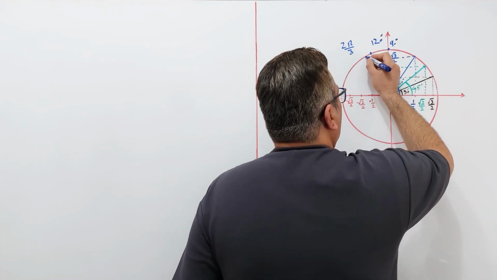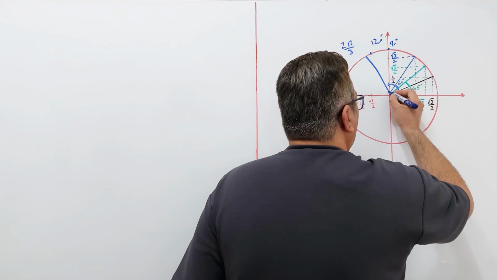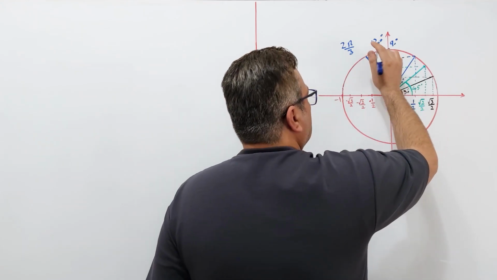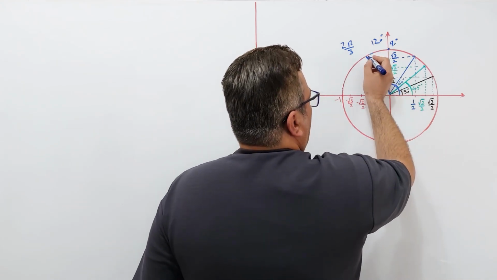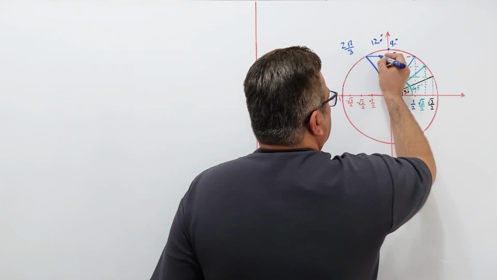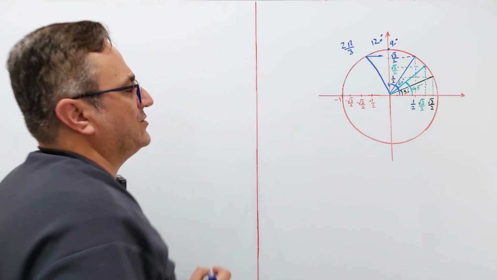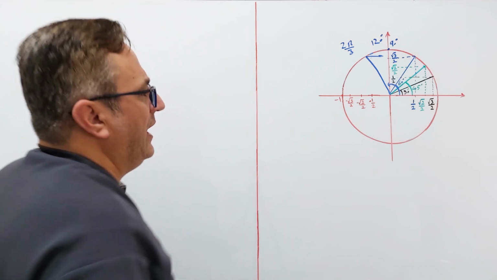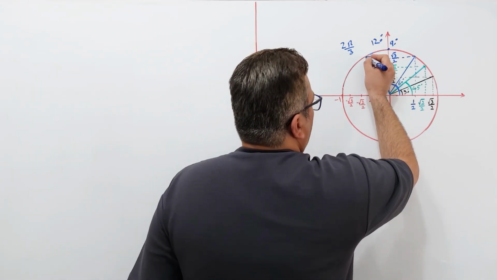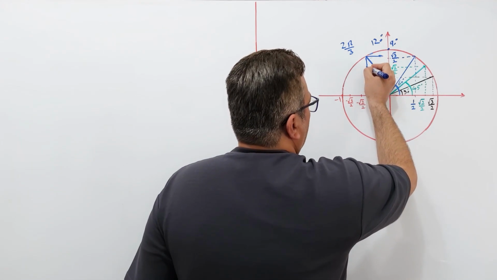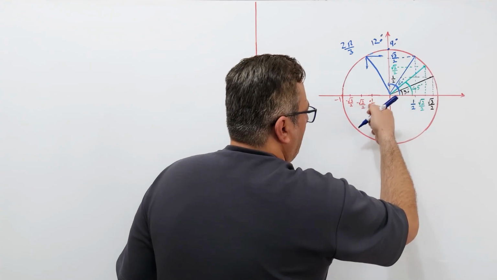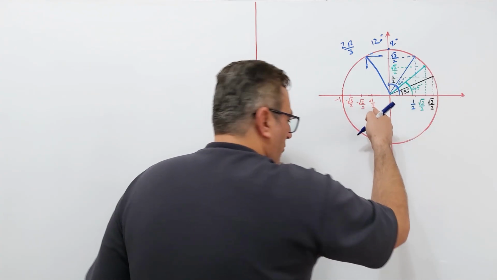For example, here. So, if you look at the sine axis, you see the square root of 3 over 2. And if you look at the cosine axis, you see minus 1 over 2. Okay?